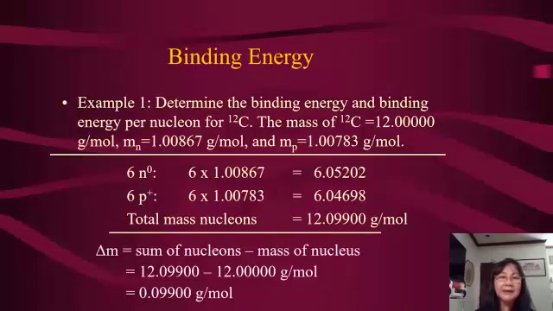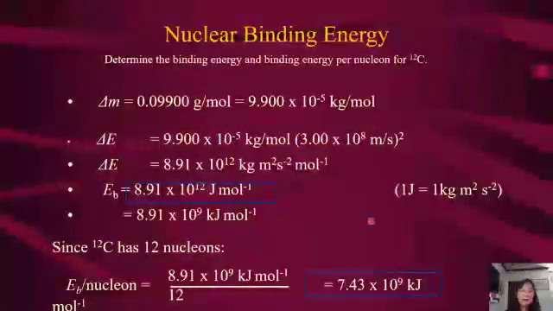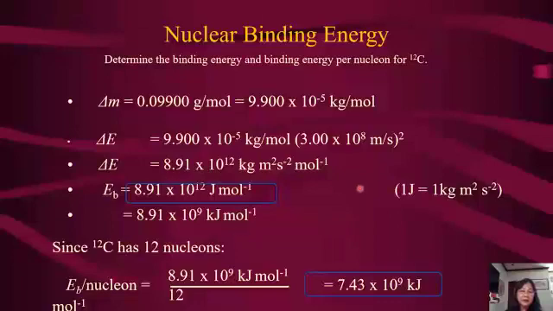Now let's calculate the binding energy using the formula E is equal to mc squared. The mass is equal to 9.9 times 10 to the minus 5 kilograms per mole.